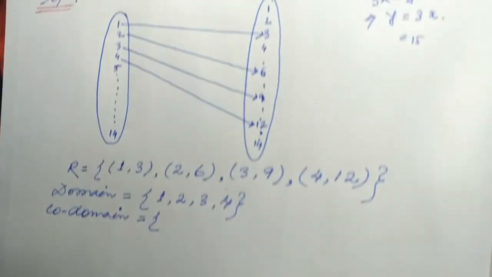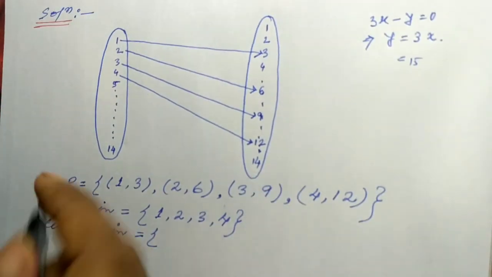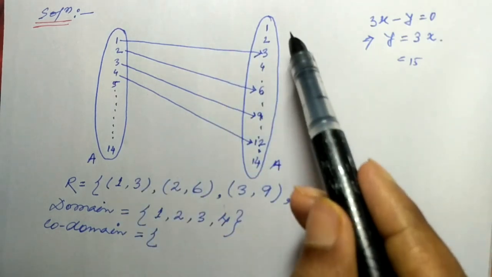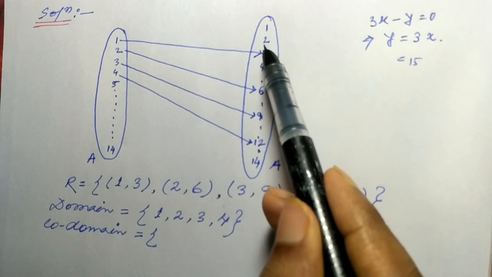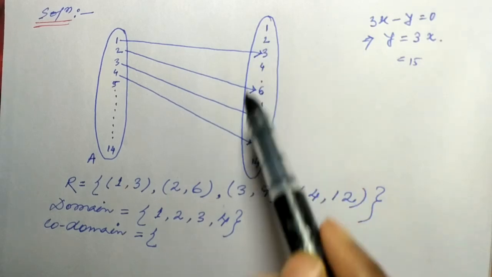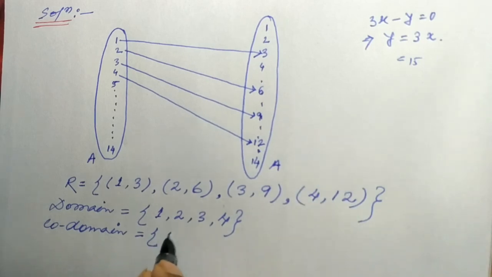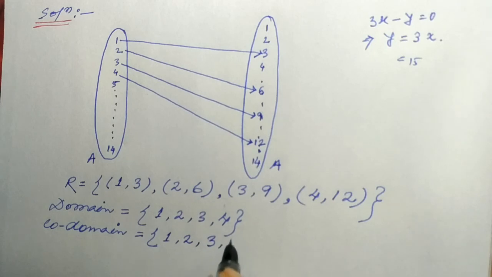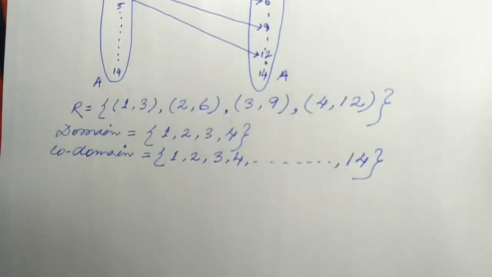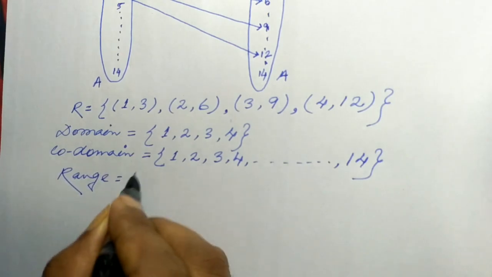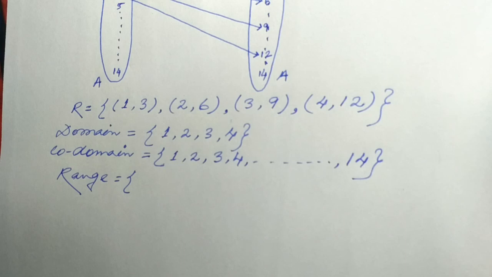Now codomain. Codomain means all possible outputs. Our outputs are in set A, and all possible outputs are from 1, 2, 3, 4 up to 14. So our codomain is {1, 2, 3, 4, up to 14}. And the range is the set of all permissible outputs.